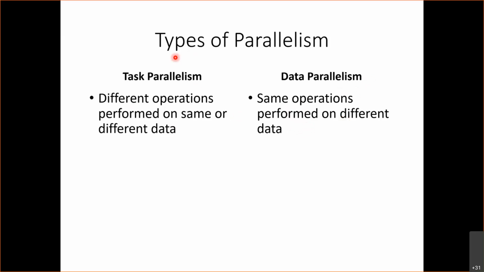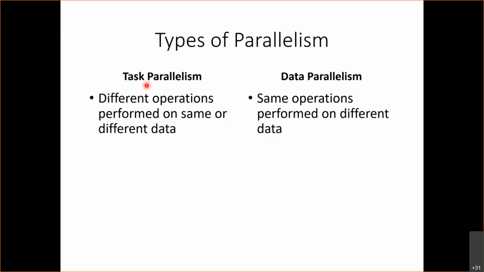So an application may have multiple tasks. Some of these tasks may be dependent on each other, or some may be independent of each other and can run in parallel. That is an example of task parallelism. For example, maybe you're using Microsoft Word, and you have your editor that is editing the text, and you also have a spell checker that's running in the background.